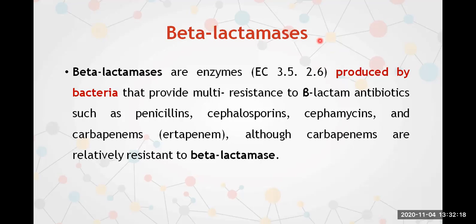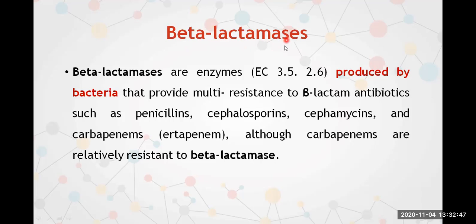Another way this compound can be chemically broken down is by beta lactamase enzymes. So what is beta lactamase enzyme? As the name suggests, the beta position of the beta lactam ring can be broken down by lactamase enzymes.